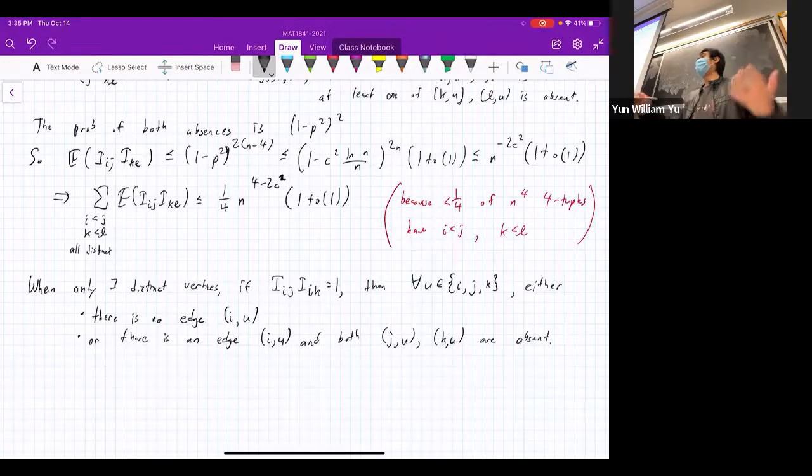Okay, because of course i is shared between the 2 pairs, and so either that one fails, and if that fails, then you don't have to worry about the rest. Or if that event doesn't happen, then you need both of the other 2 cases to happen.